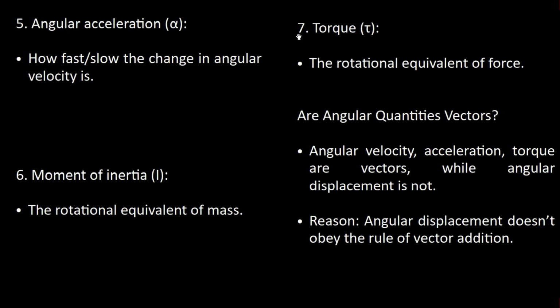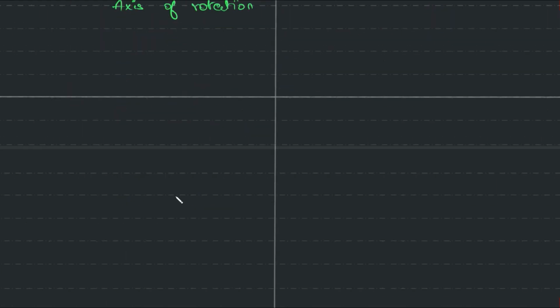Okay, guys. So we have moment of inertia, which is generally represented with I. The higher the value, the more difficult it gets to rotate it. The more difficult it is for us to rotate.